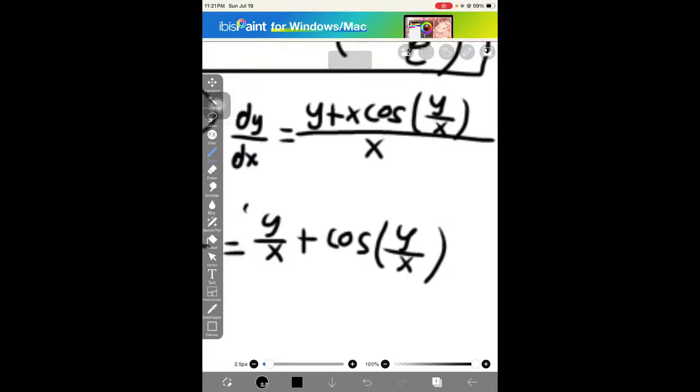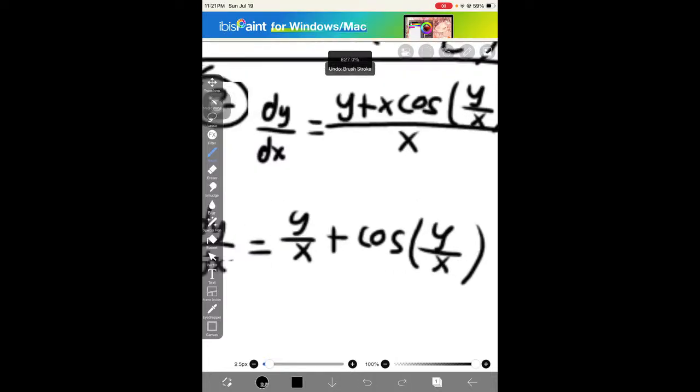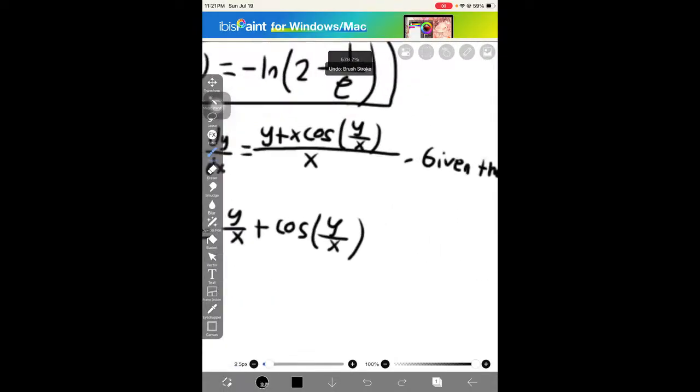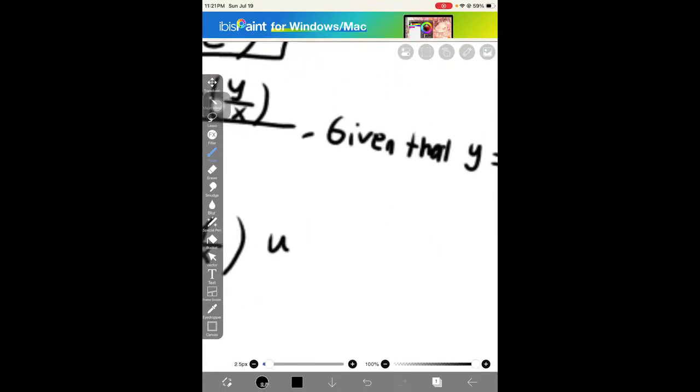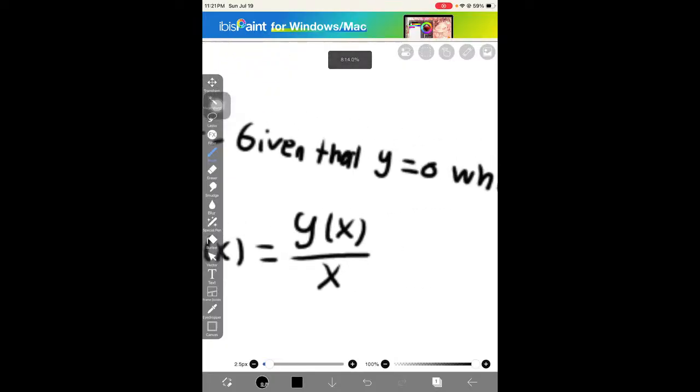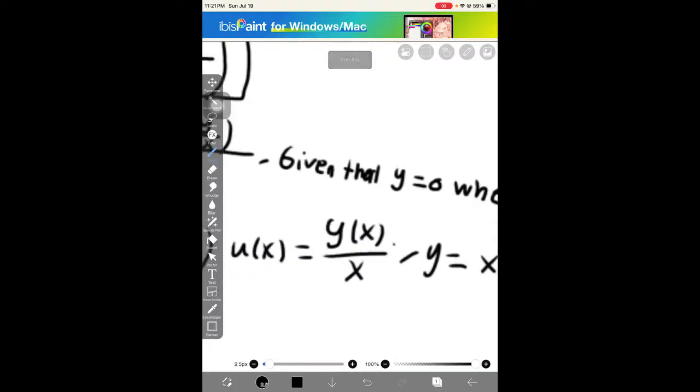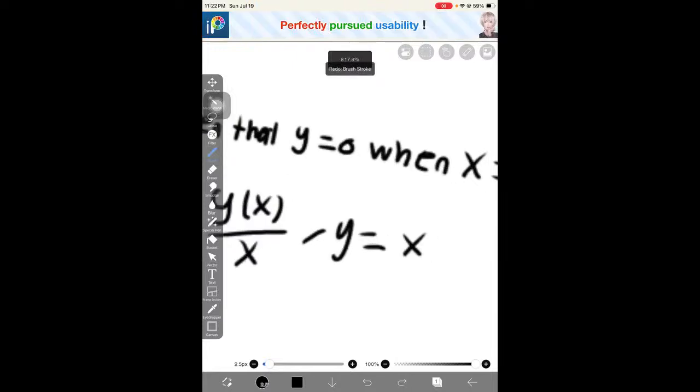Now we have a common term here in our differential equation, and that is y over x. So I want to introduce u of x, defined as y of x over x. So y is therefore equal to x times u. If we multiply both sides by x, we get that relationship.